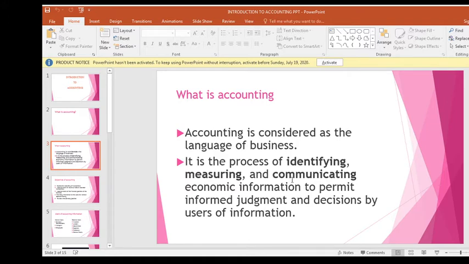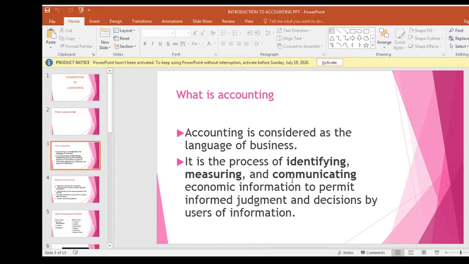Communicating simply means compiling accounting records or accounting statements which are going to be shared with the end user. So, in accounting, communication will happen when the financial statements or the accounting statements have been prepared and then issued to those users who intend to make certain decisions with regard to the organization.